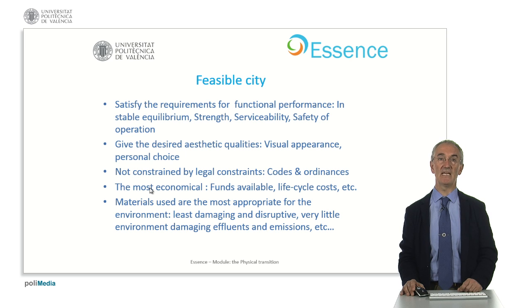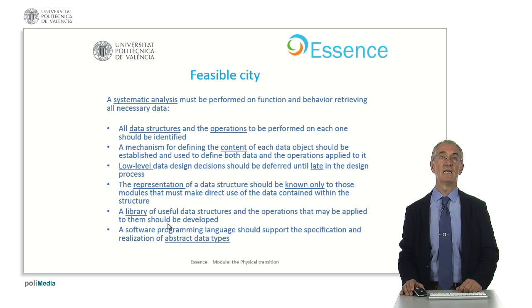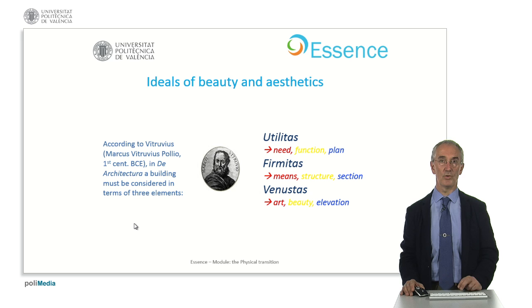Of course, it has to be economical and use materials which are close to us, least damaging to the environment, has very little impact, and can of course be reused in a modular way, which is the best sustainability we can have for buildings once they have finished their living lives. All these elements should be analyzed and studied through data structures, including the different representations and libraries, through the BIM analysis that was introduced in a different module.